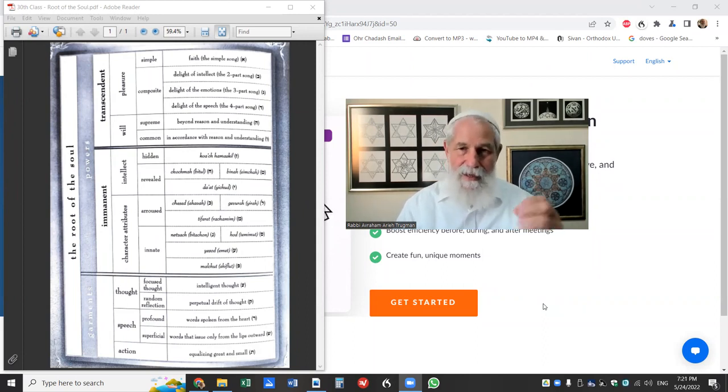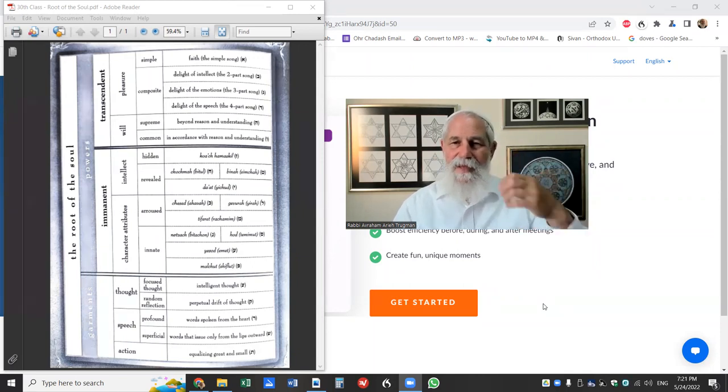Murchav also means complex, composite. So here, if you look one column more to the right, there's where we see faith. This is the third head of Keter. Faith, pleasure, and will. And faith is the expression of the simple pleasure of the soul.